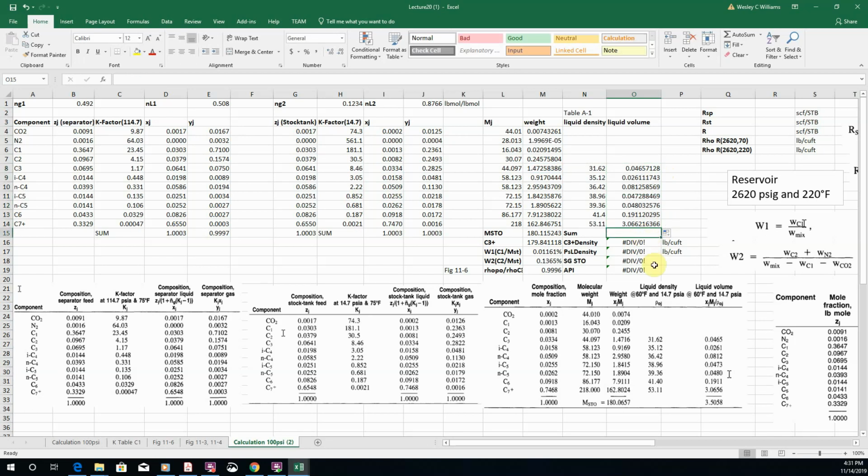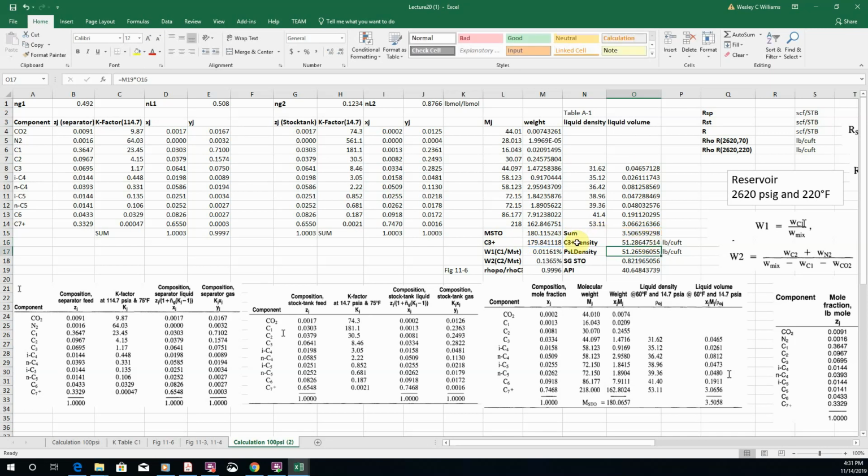We need to add those up. So there's the grand sum of the density. And then I still had the formulas left in here from before. So this is the volume. So the volume, this would be your molecular weight of heptane or propanes plus divided by the volume of the propane plus liquid.